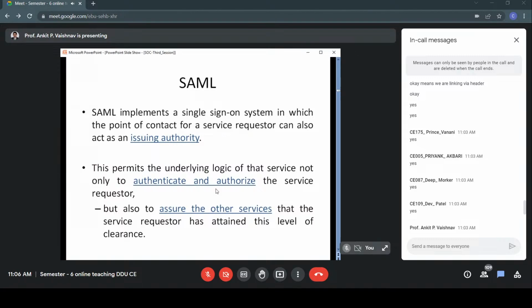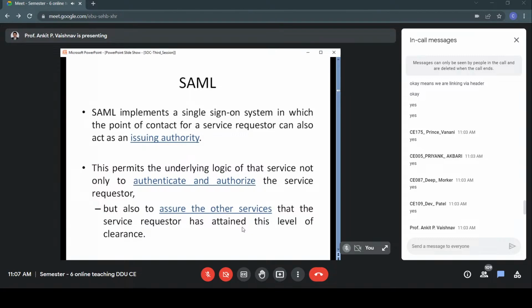This permits the underlying logic of that service not only to authenticate and authorize, but also to assure the other services that the requester has attained this level of clearance. That means it is just like if you have a DDU ID, you can enter all the premises of DDU as a legal DDU student.